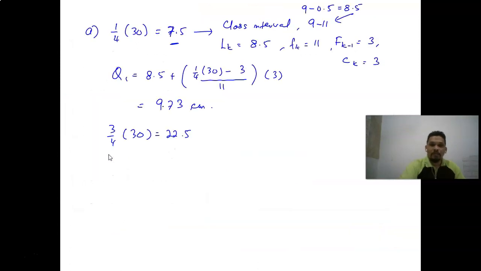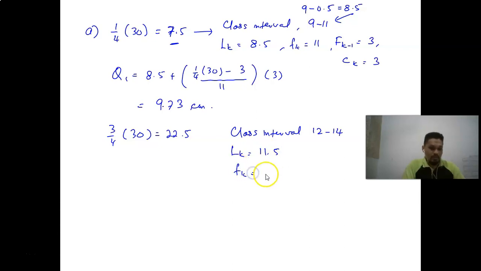Okay, so then the class interval of 12 to 14, the lower boundary of the class, which is 11.5, the frequency of the class which equal to 10, cumulative frequency of the class immediately before, which is 14, and then the size of the class equal to 3.